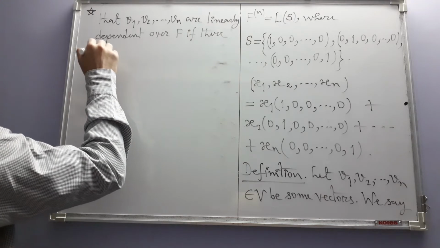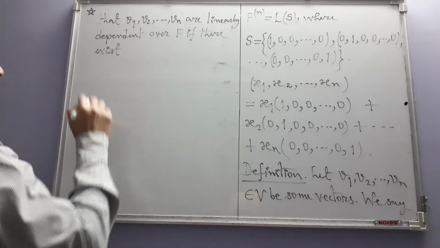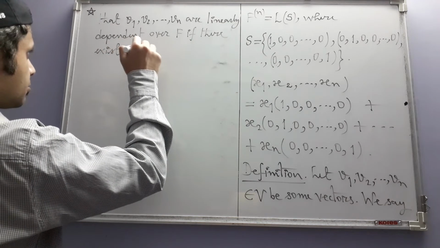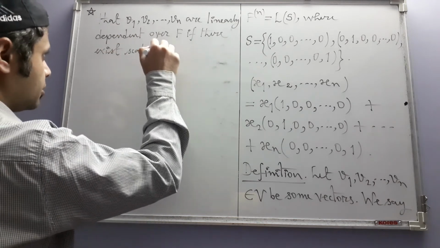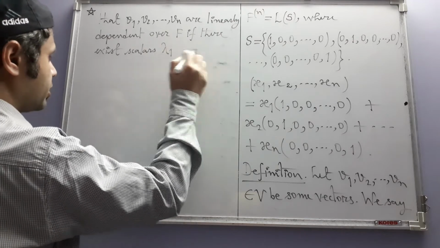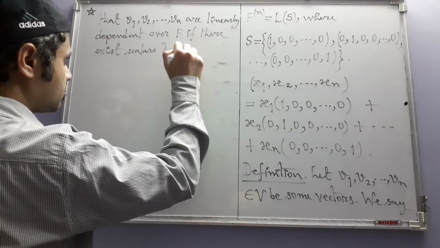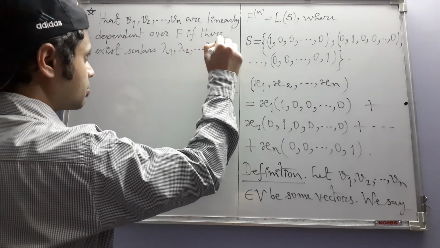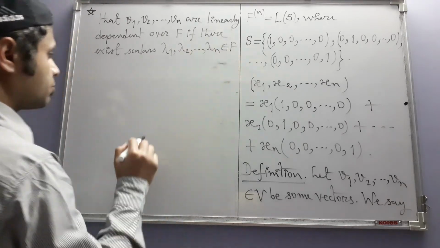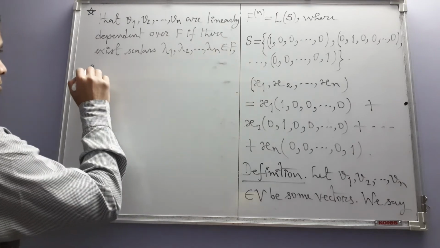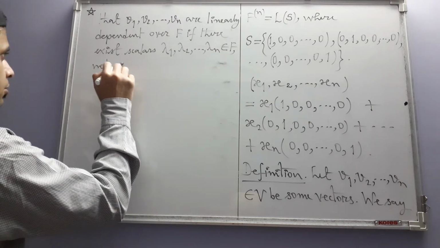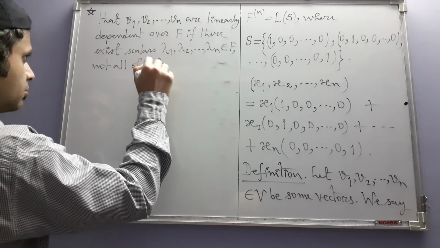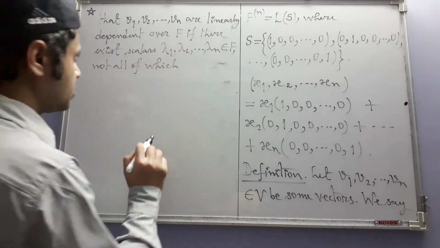there exist scalars, that is field elements, an equal number of scalars, not all of which are 0. This is the crucial part of this definition.